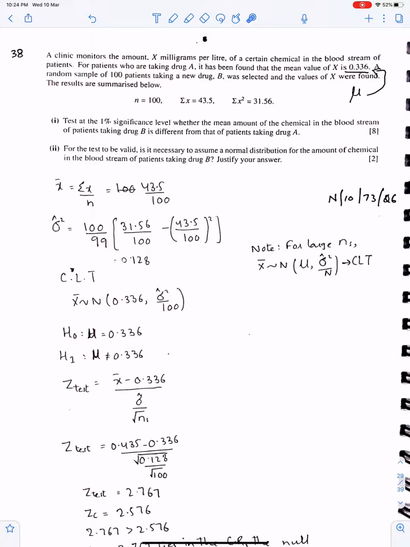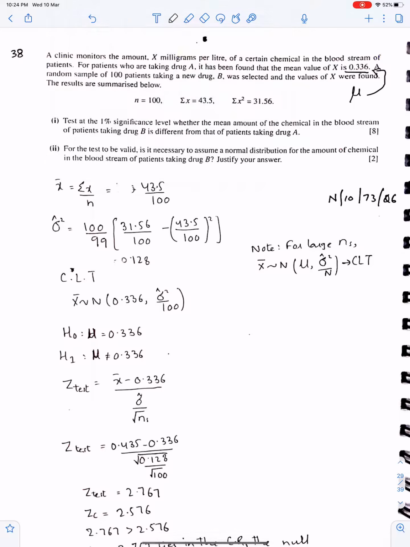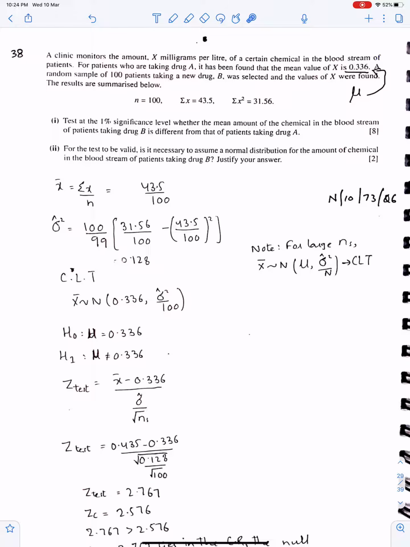For large samples, 100, the distribution of X bar is normal, approximately normal. We have this data for the unbiased estimates. First get X bar, and you can easily get X bar by using this formula. Sigma X over N, this is the test value. Sigma cap square, you know the formula, N upon N minus 1, sigma X square over N, and mean. This is the value of sigma cap square.